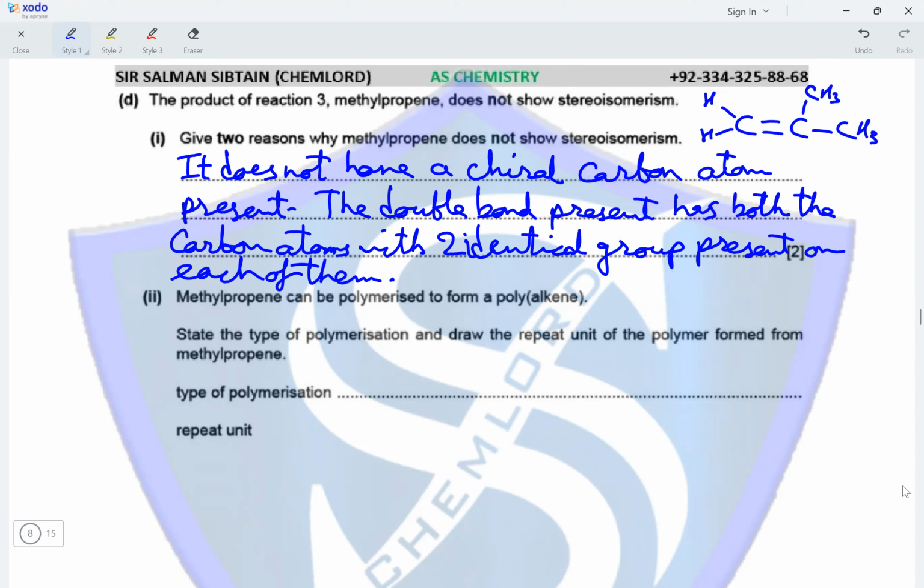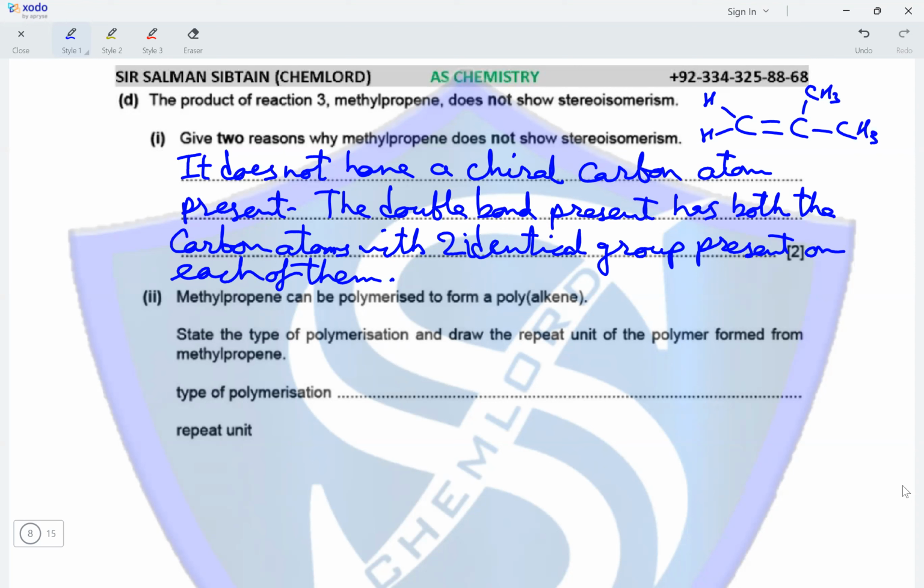So due to lack of a chiral carbon atom, it will not show optical isomerism, and in fact both the groups are identical on the same carbon atom, so it will not show geometric or cis-trans isomerism as well. So no stereoisomerism for methylpropene.